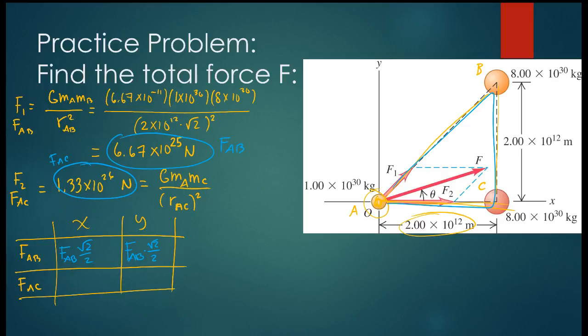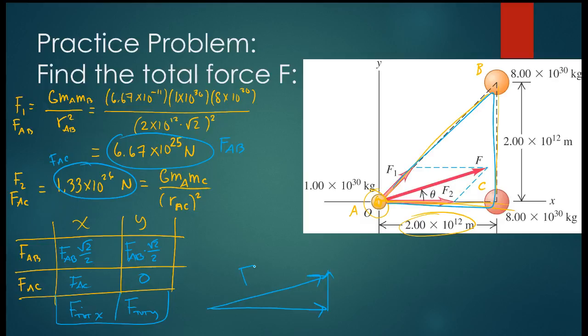Okay, then FAC would be all of FAC in the x direction and then 0 in the y direction. Okay, and then from this you would find your totals. So whatever that is, we would call that F total in the x direction and F total in the y direction. And that's going to give us a lot in the x direction and a little bit in the y.